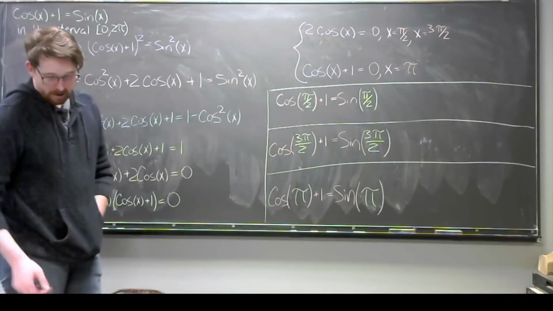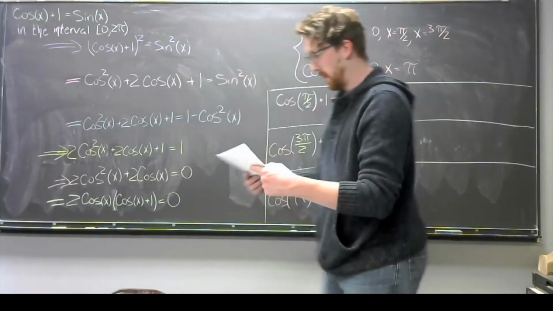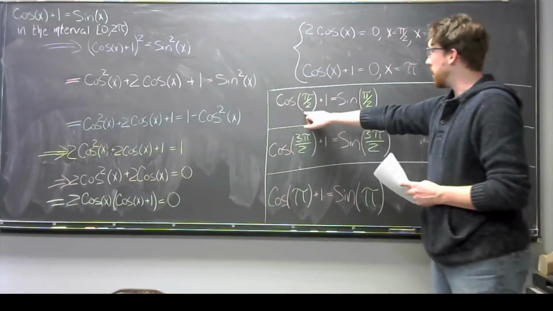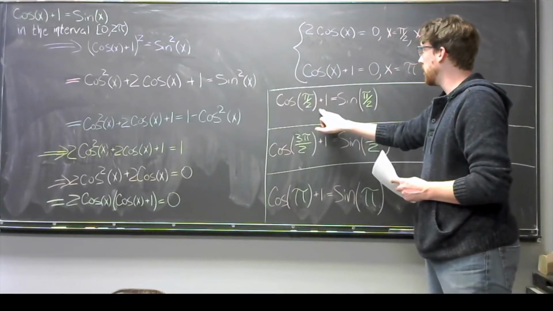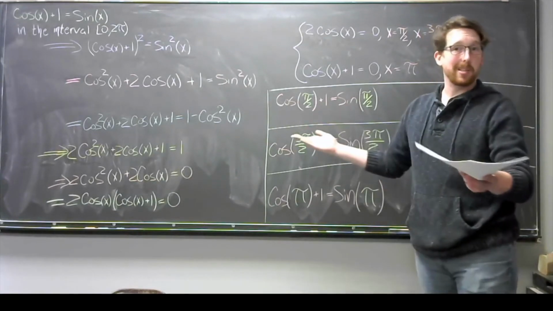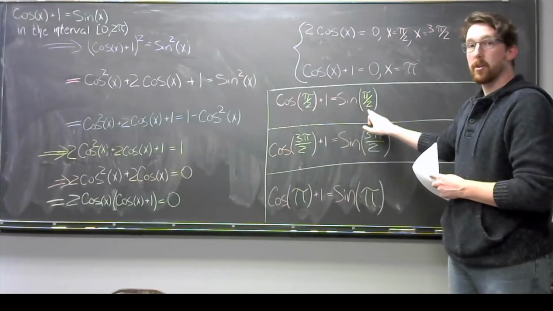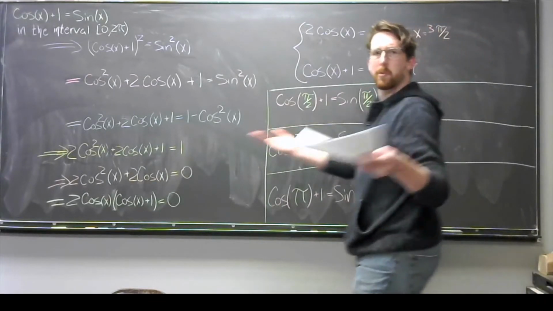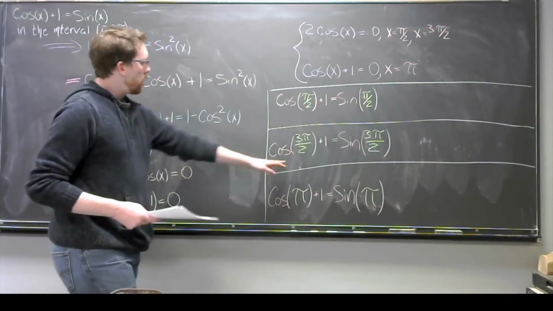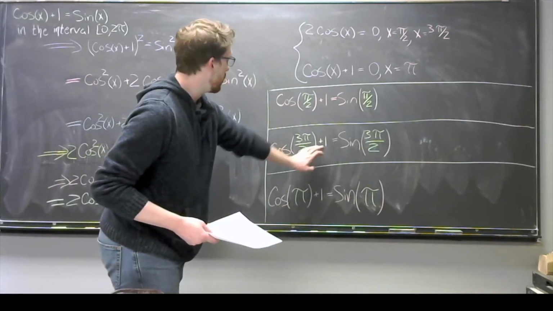Because I've already done it here and I don't want to go back and do it again, what we've got is cosine pi over 2 plus 1. Well, cosine pi over 2 is 0, plus 1, it's going to give us 1 is equal to sine of pi over 2. Well, that's 1. 1 is equal to 1. Okay. Cosine of 3 pi over 2 plus 1.